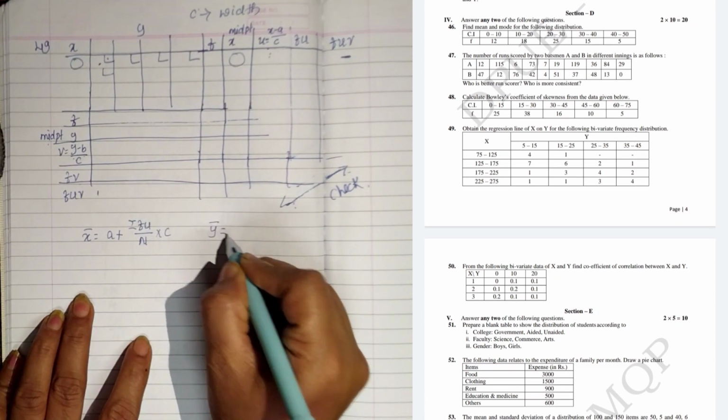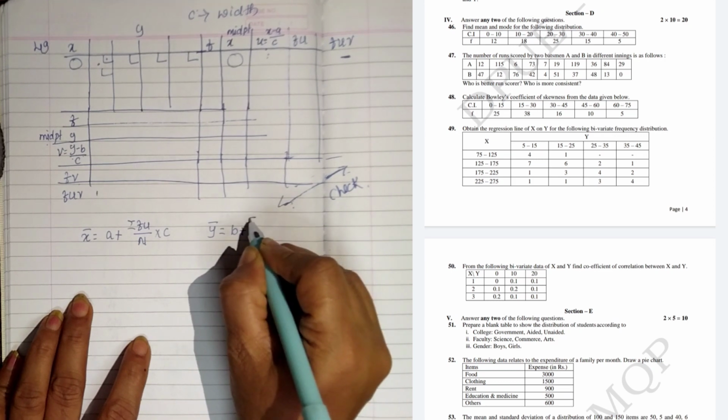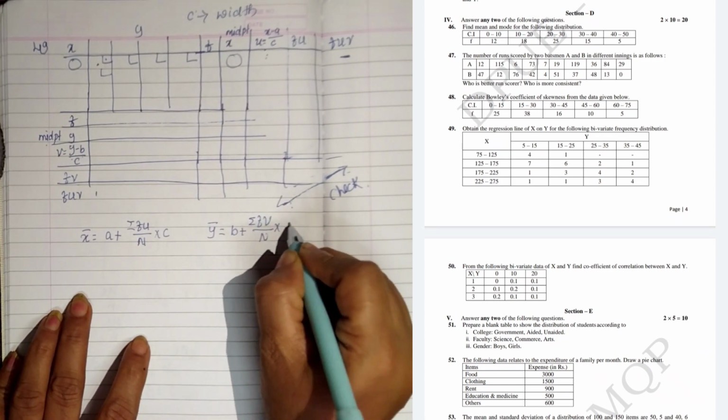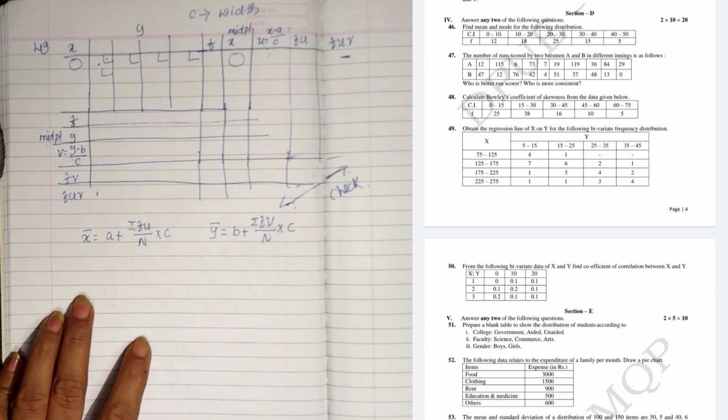Then y bar is equal to b plus summation of fv divided by capital N into c. You have to calculate these here.